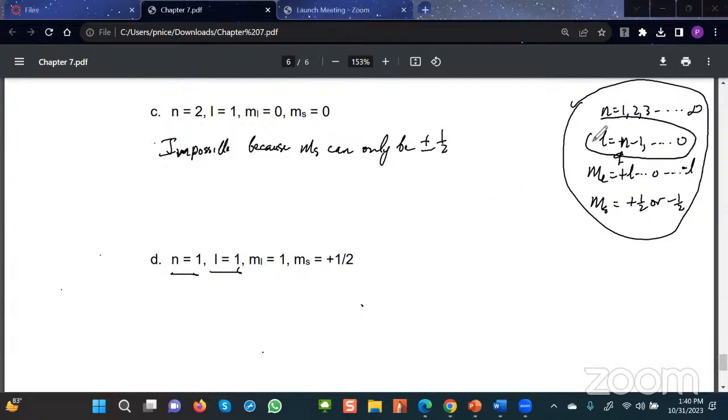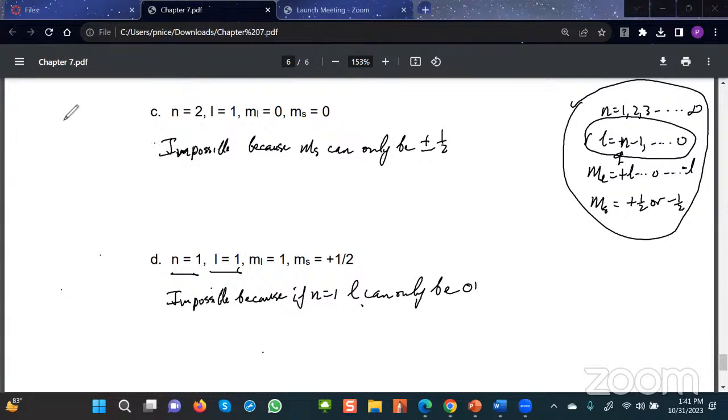What would be the possible values of L if N is equal to 1? 0. There's only one possible value of L, that would be 0. So therefore, this would be impossible, because if N is equal to 1, L can only be 0. And that's it.